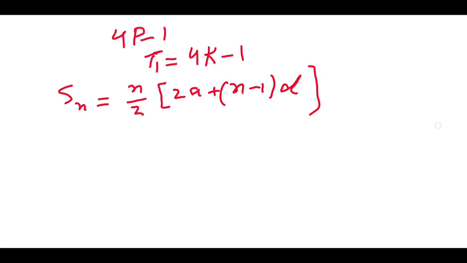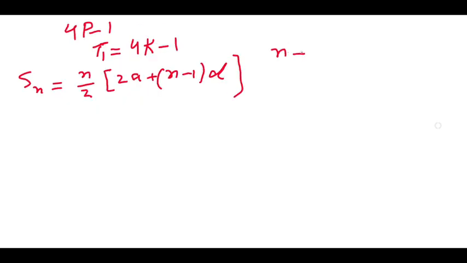So d we have 4, first term we have, now we're looking for n. The n is going to be top minus bottom plus 1. So top we have 117, and top minus bottom plus 1 is 117 minus k plus 1, because the bottom is k.